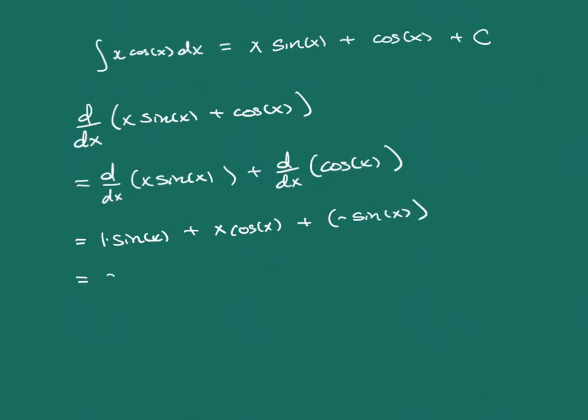And so what we end up with is sine of x plus x cosine of x minus sine of x. So our sine of x's cancel out at that point, and sure enough, what we are left with is x cosine of x, exactly what we thought that we should have. And so sure enough, that integration by parts formula does give us the right answer.